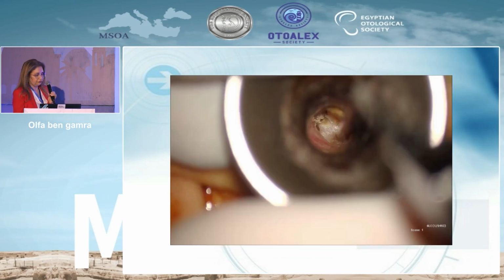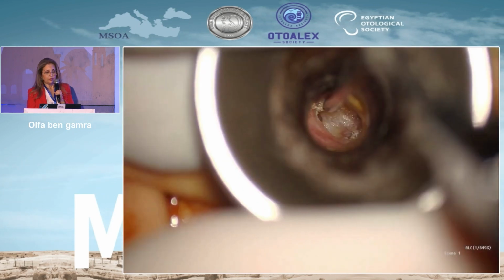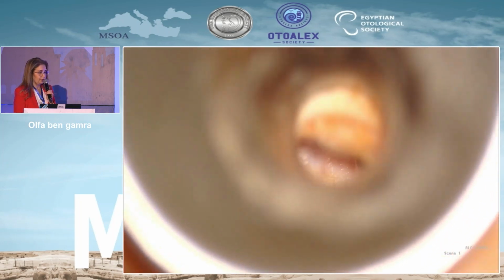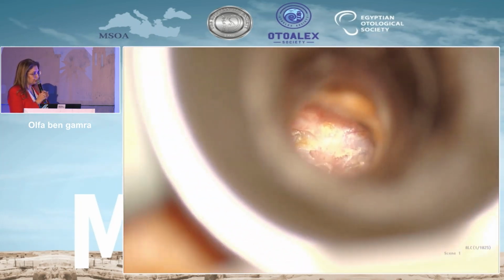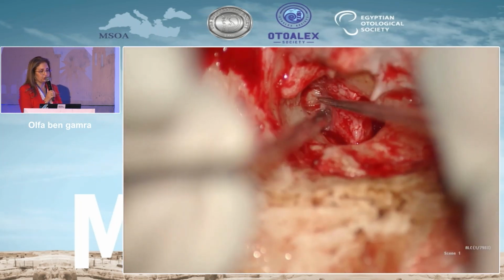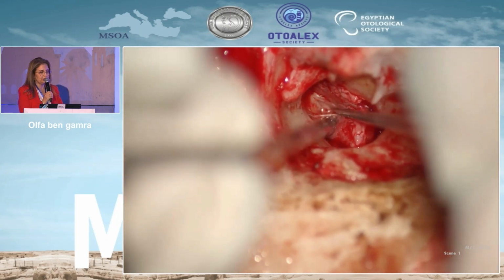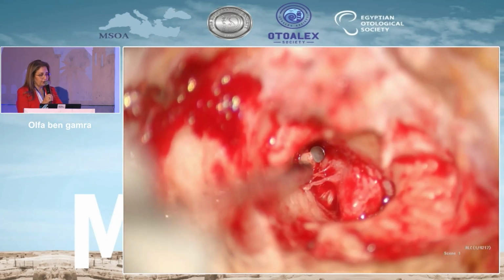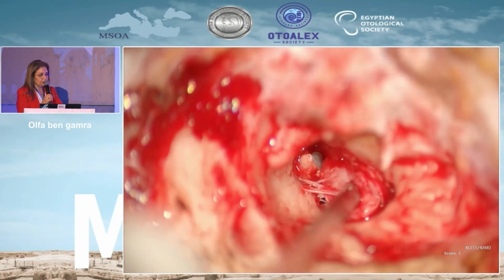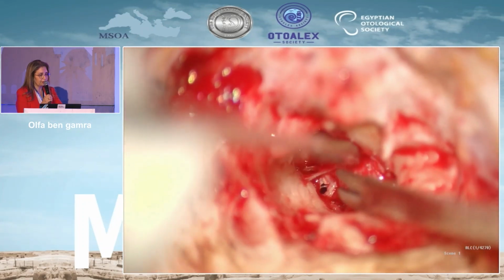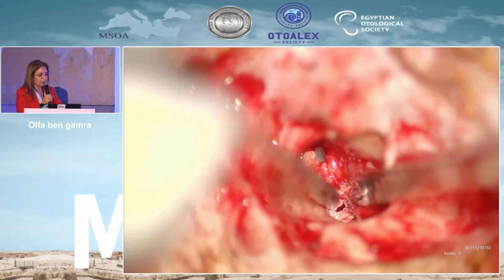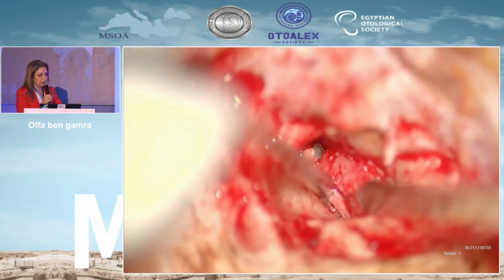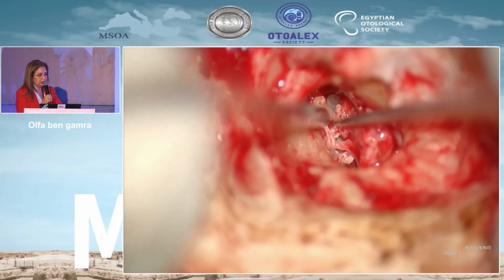We have a short video concerning the dissection of a retraction, a posterior retraction pocket. So we dissect the lesions, the pocket. It's a posterior uncontrollable pocket.